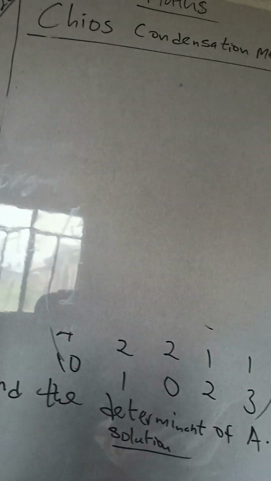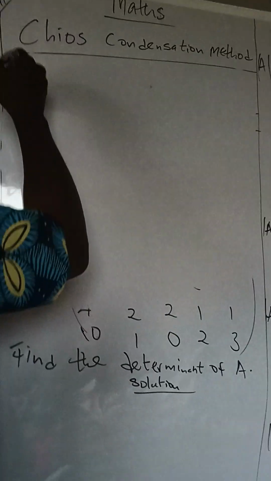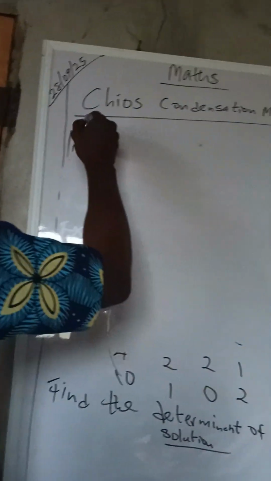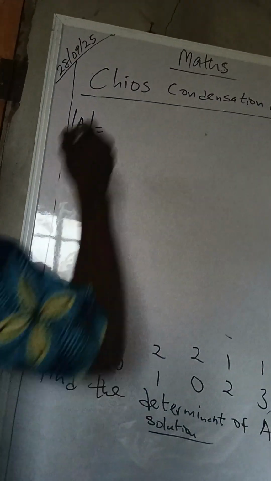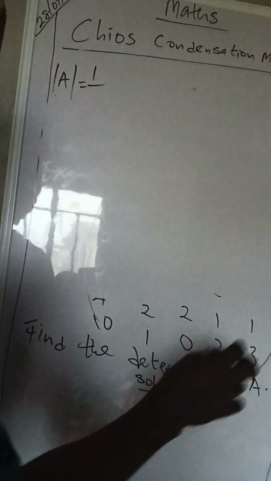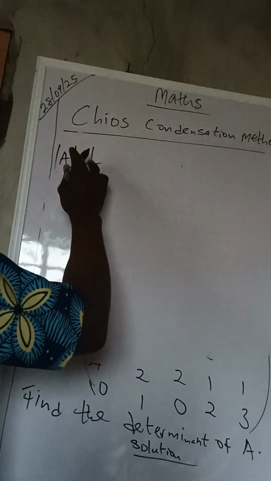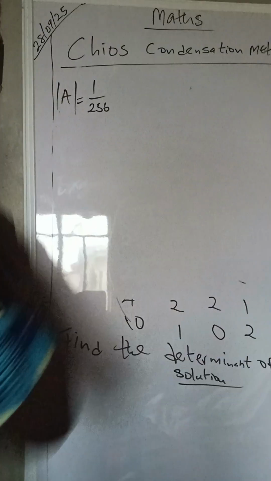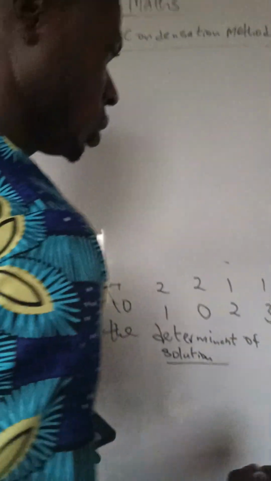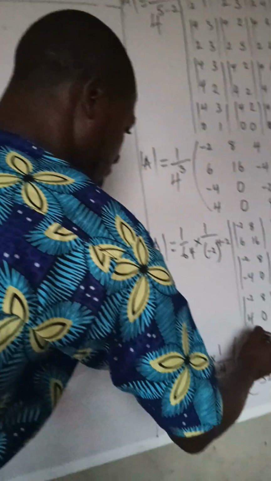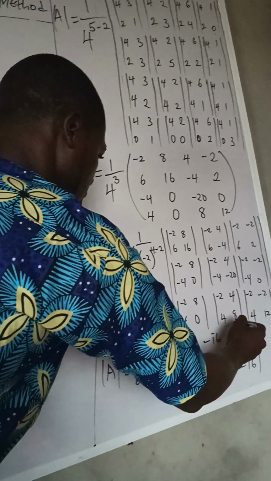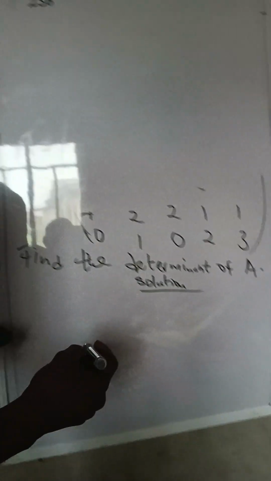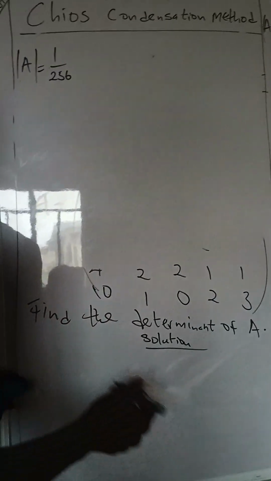So the determinant of A is going to be 1 over 64 times 4, which gives us 256. Now, let's use the normal method. You have this as plus, minus, plus. So, plus times minus is going to give us minus.